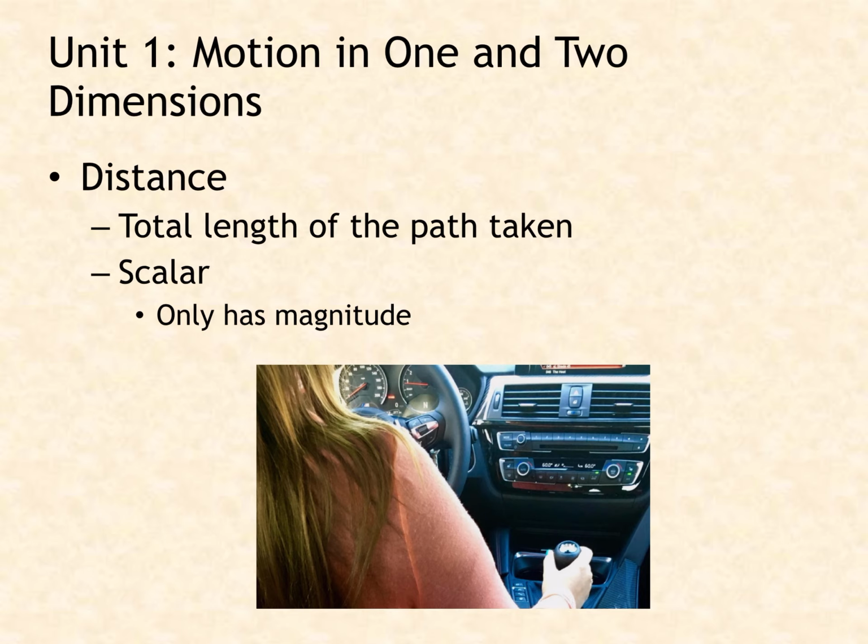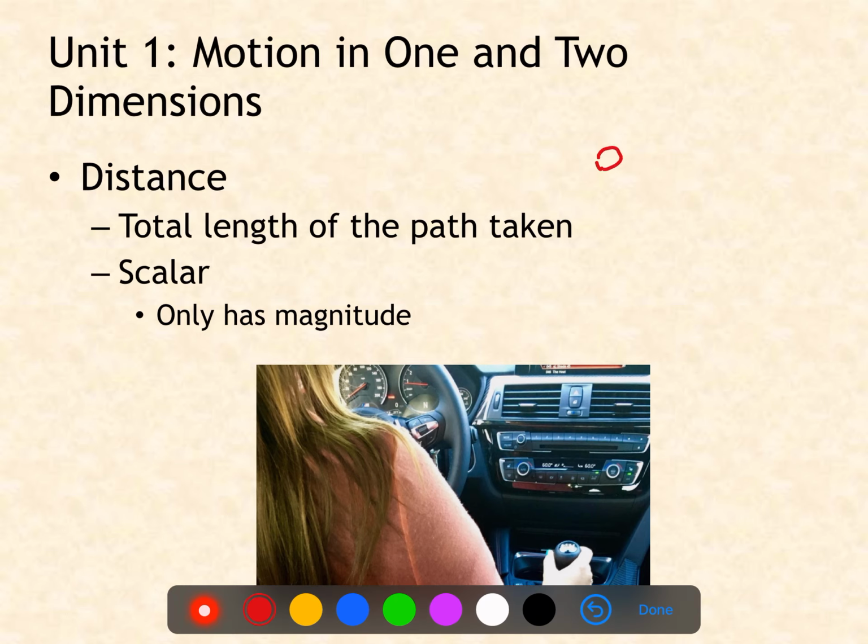Distance, on one hand, is a scalar quantity which only has magnitude, and it considers the entire path that's taken. Whereas displacement is a vector quantity, and it has to do with the difference between the initial and final positions.